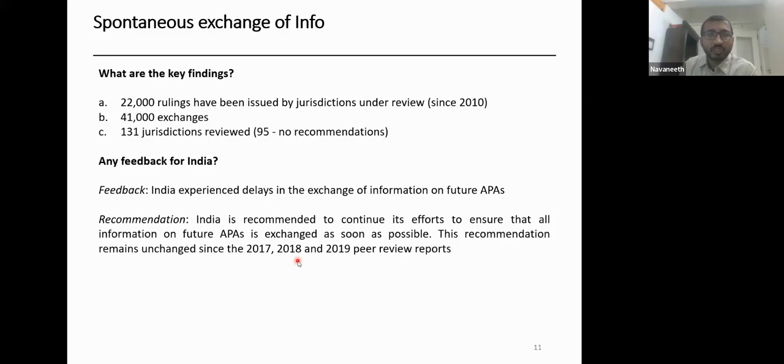Out of the recommendation for India, there is a fairly innocuous observation, which is to say that India experienced delays in exchanging information on APAs, and the recommendation is that there should be an attempt made to exchange this as soon as possible.